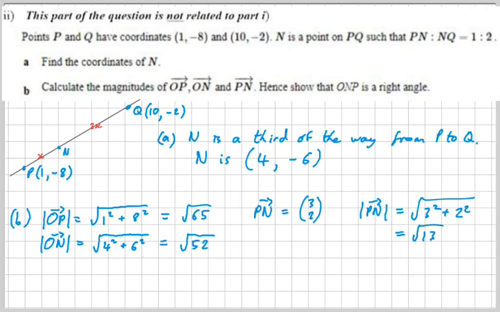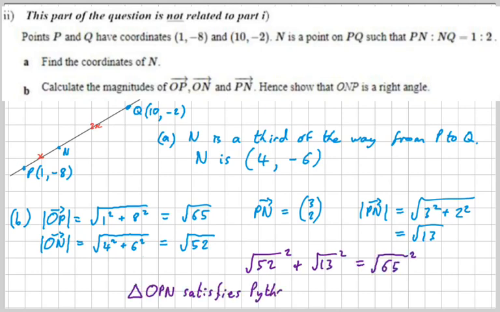We just need to write that down in a way that's communicable to the examiner. So root 52 squared plus root 13 squared equals root 65 squared. And then say what that means, don't just leave it hanging. Triangle ONP satisfies Pythagoras, so ONP is a right angle.